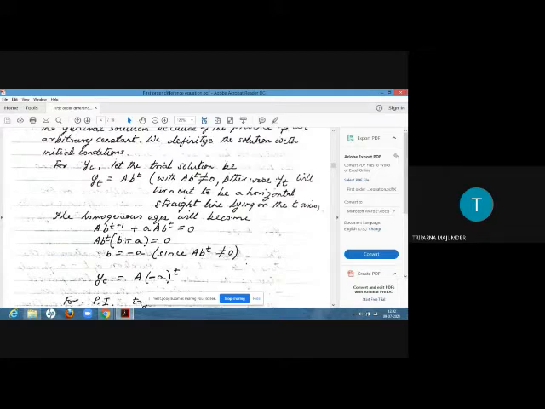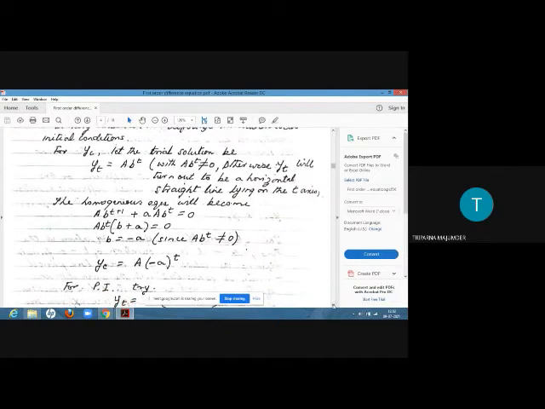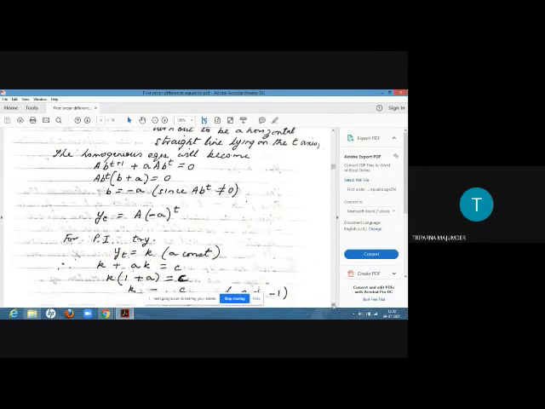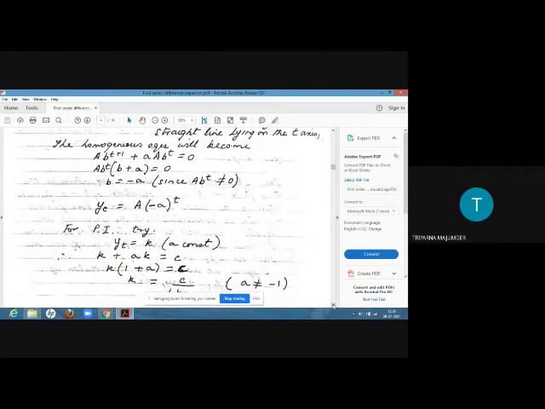That means b plus a is equal to 0, so b is equal to minus a. So we substitute this value of b in our complementary function to get the complementary function as yc is equal to a into minus a to the power t.